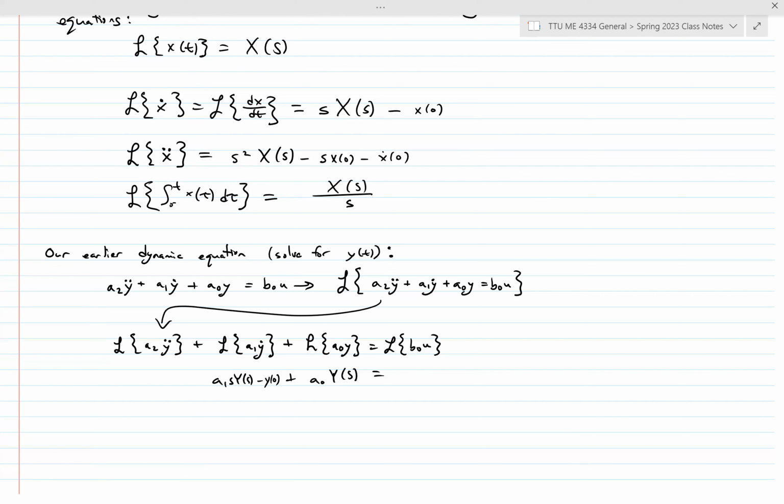The a1 is in here, so we would pull it out, so the a1 has got to be multiplied by our initial condition as well. It's got to look like that. And for this one, we apply that same logic. So it's going to be a2 times s squared Y of s minus s y(0) minus y dot 0. What about the other side?